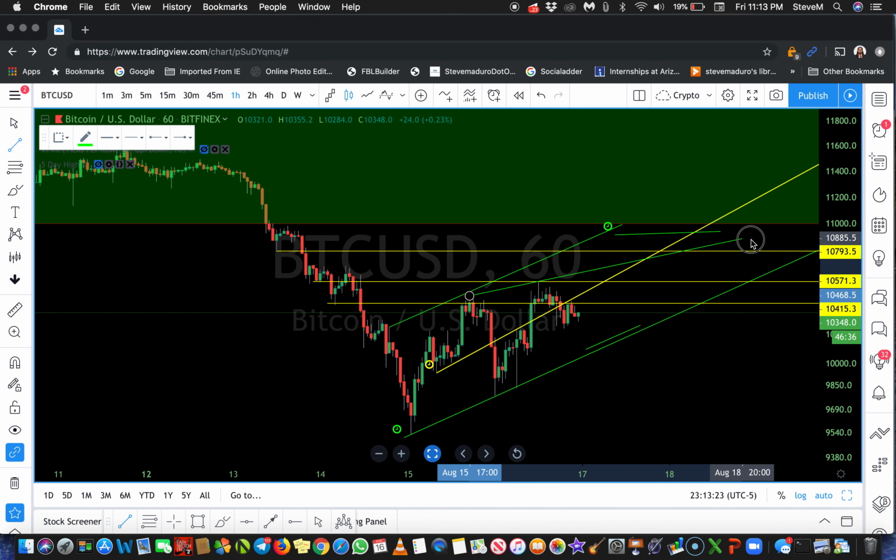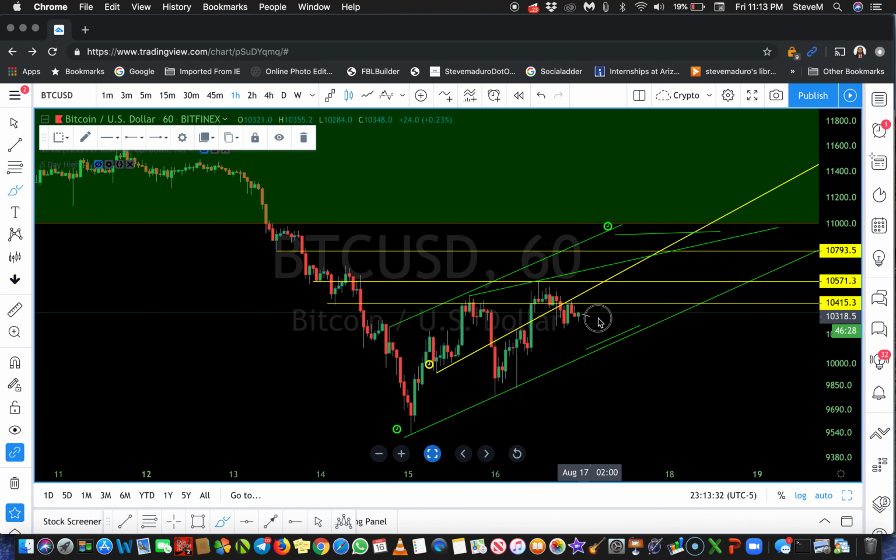But if I'm trying to predict where it's going to go next, it looks like if it does bounce down on that, it's going to bounce there, it's going to bounce here, it's going to do that number, right? That's what it seems like it's going to do for me.